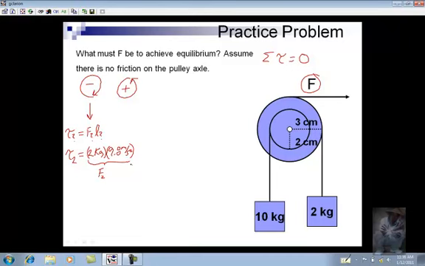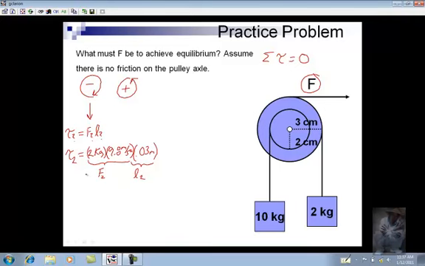If the 2 kilogram one is on the 3, so 0.03. 0.03 meters. So that's the lever arm. This represents the lever arm of 2. So those are my 2 negative torques.